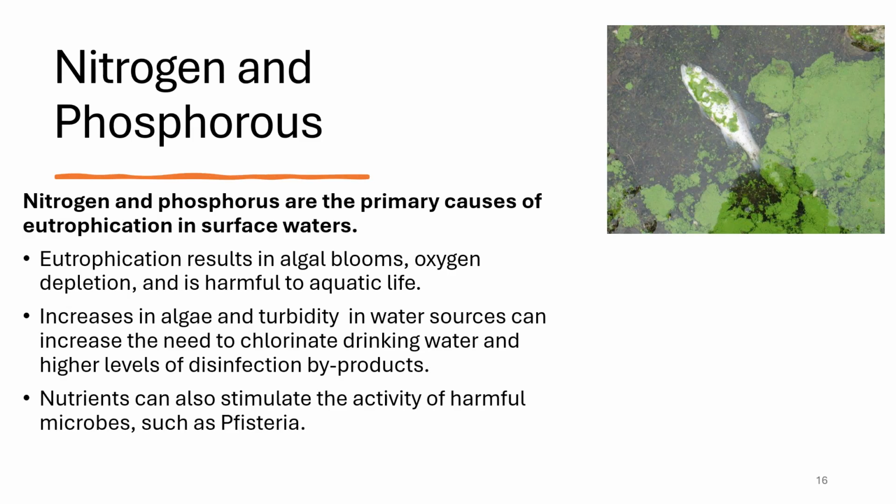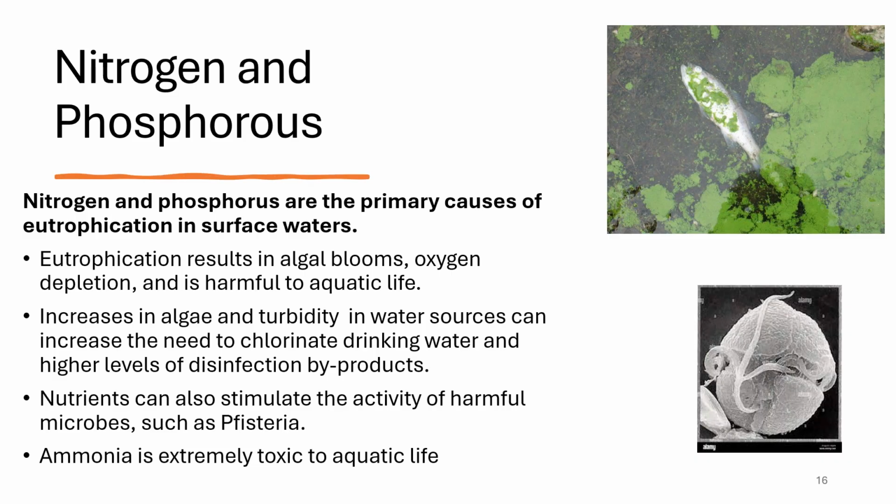You can also have, if that same water is used downstream as a drinking water source, you might have to chlorinate water more because of all the products that are in the water, and it can lead to disinfection byproducts, and it can also harbor harmful microbes.